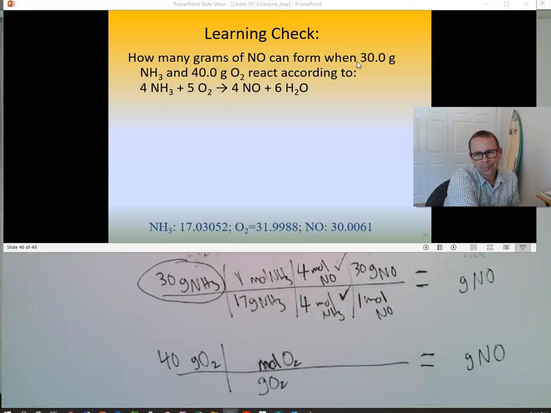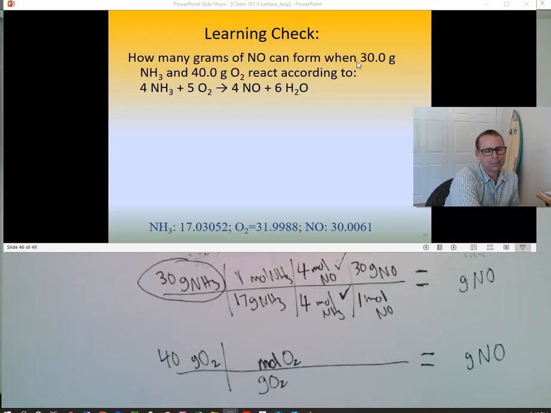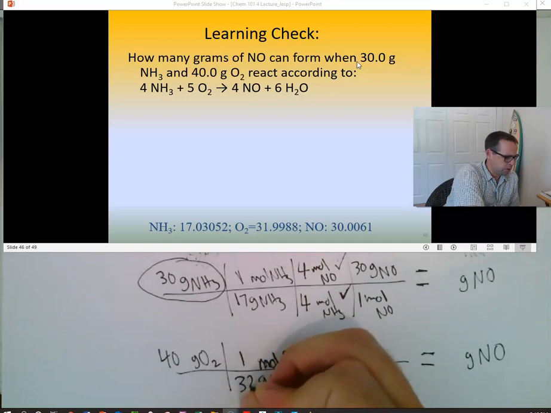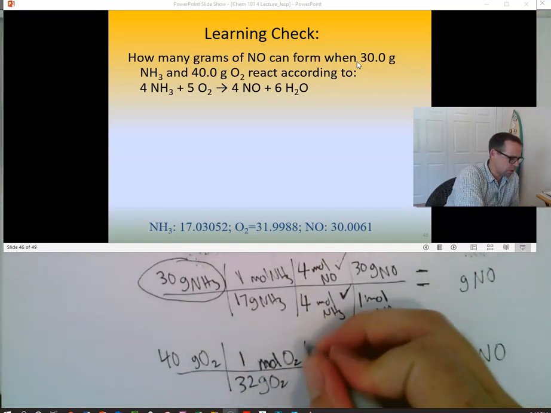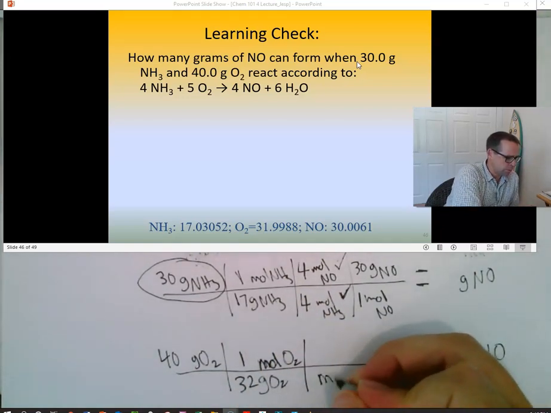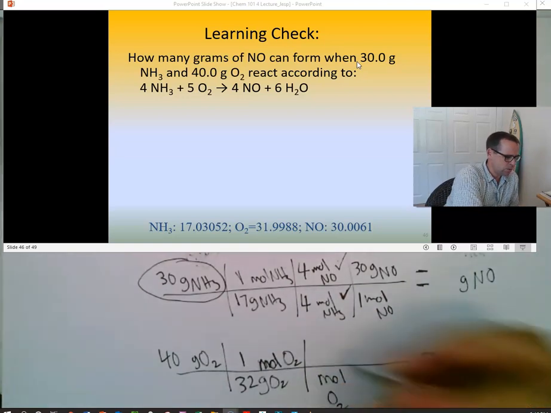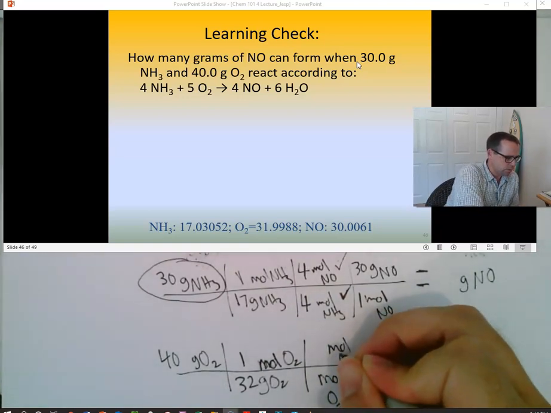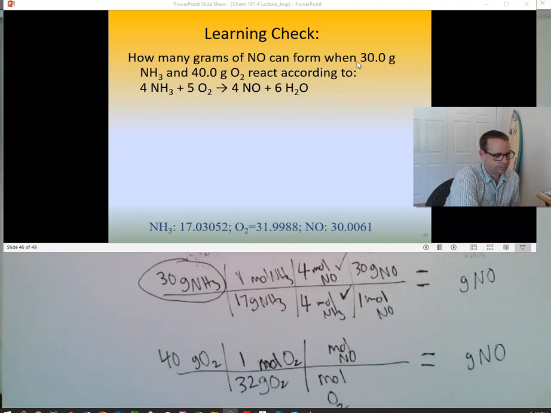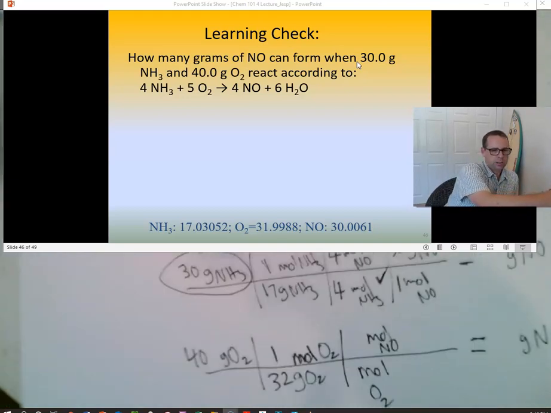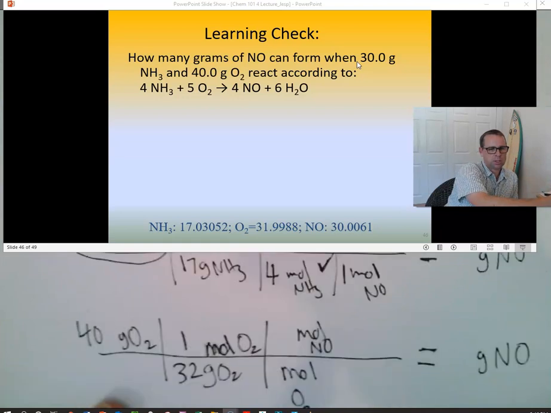We have 1 mole per grams of oxygen, so that's 32. Very good, 32 grams of oxygen gas. And then I go from moles of oxygen gas to moles of NO. What's the ratio there?